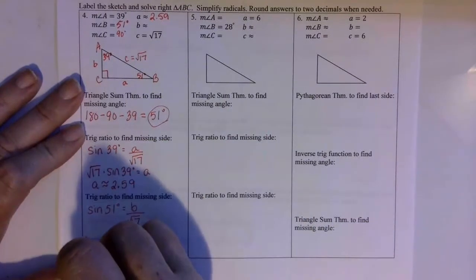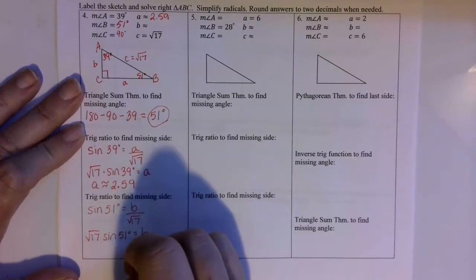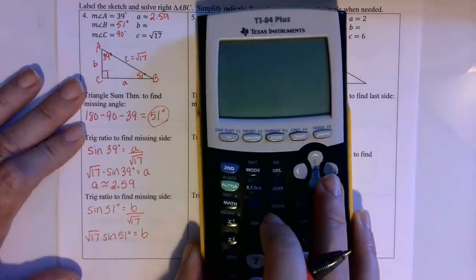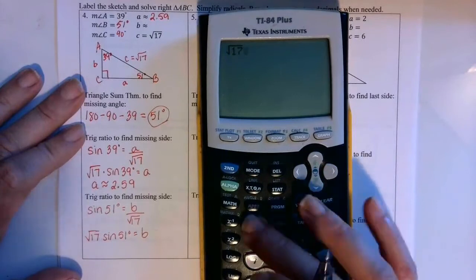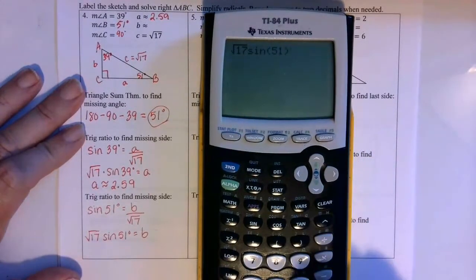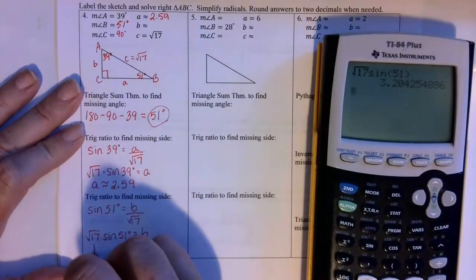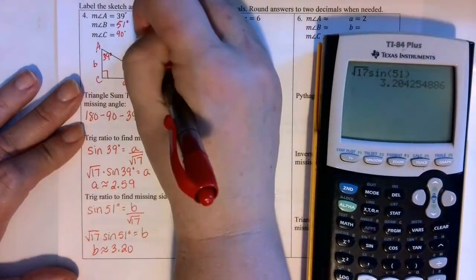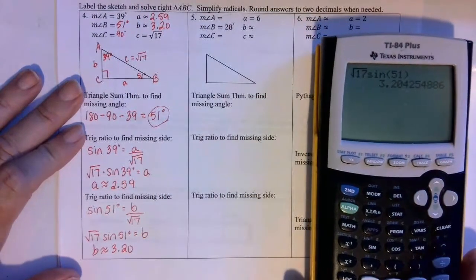I'll multiply both sides by the square root of 17, and then in my calculator, I'm going to evaluate square root of 17 times the sine of 51 degrees, and rounding to 2 decimal places, that's approximately 3.20. So my last side is approximately 3.20.